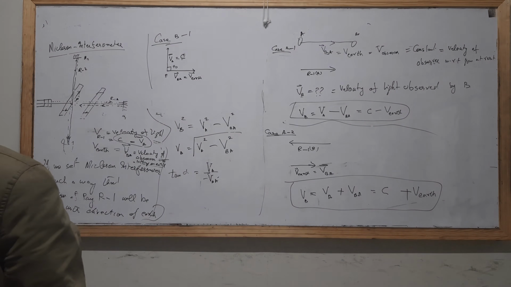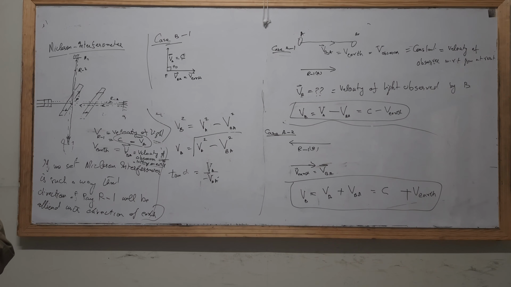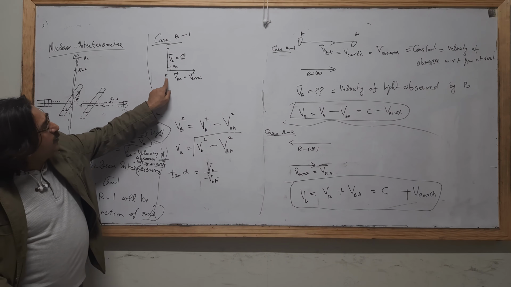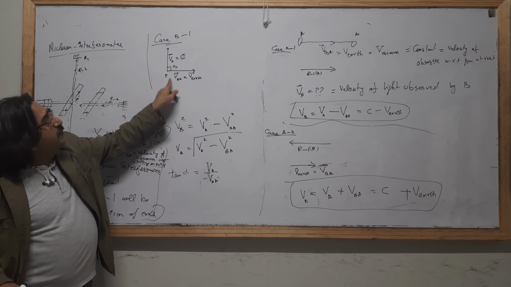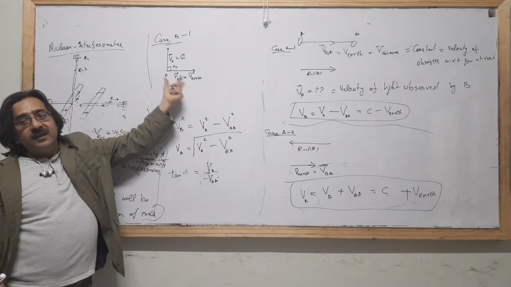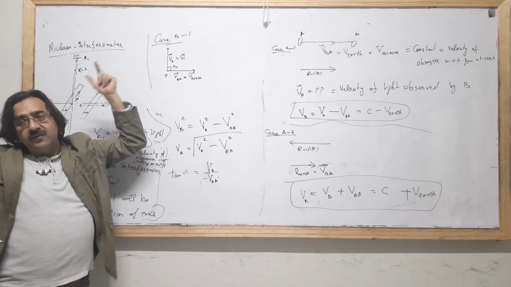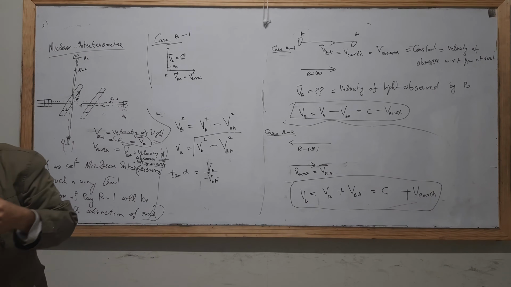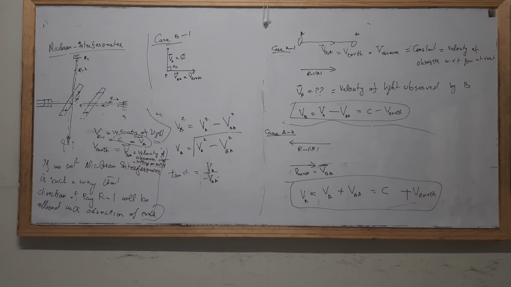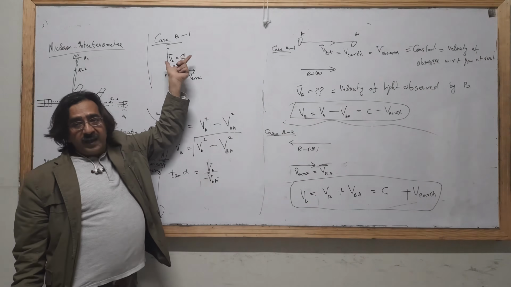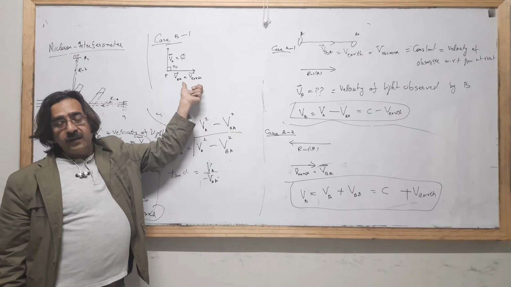Case 4, the last case, is when the velocity is perpendicular with respect to the observer. With respect to B, B is the observer. The light is making an angle of 90 degrees with the velocity of Earth, just as in the case when sound makes an angle of 90 degrees with respect to the observer.